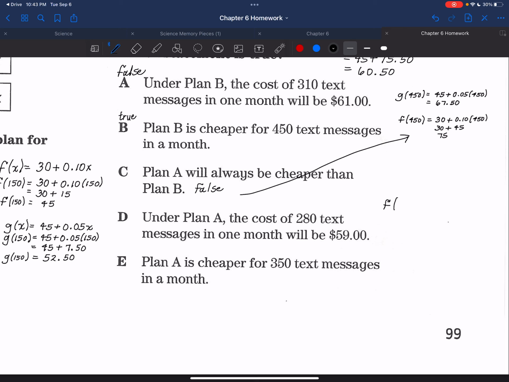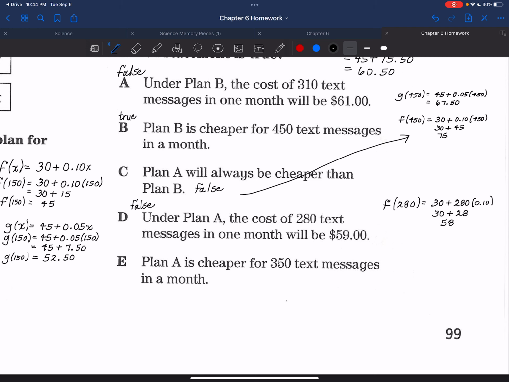So f of x, when x is 280, will be 30 plus 280 times a dime. That'll be 30 plus $28 is $58. So this is a false statement.